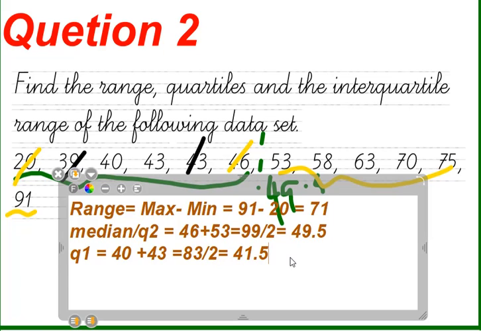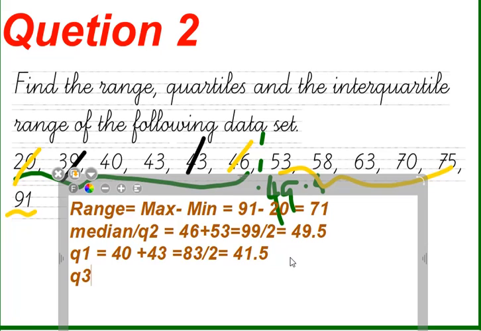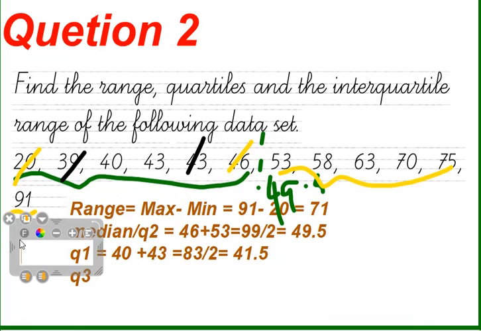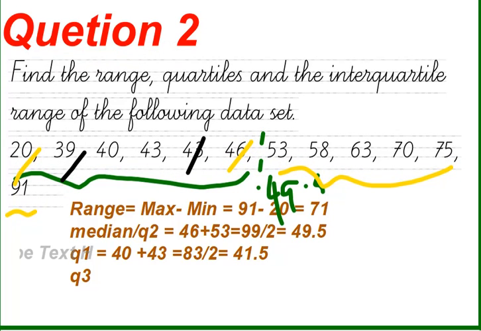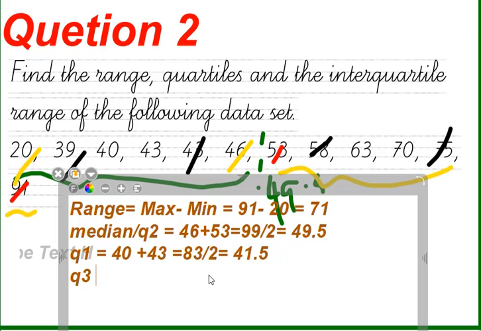So that's our Q1, and now let's look for our Q3, which is the median number in our upper part of the data set. So let's get our middle number by cancelling everything, like that, going in an inward direction, and we get our two middle numbers, 63 and 70. We say 63 plus 70, and we get 133.